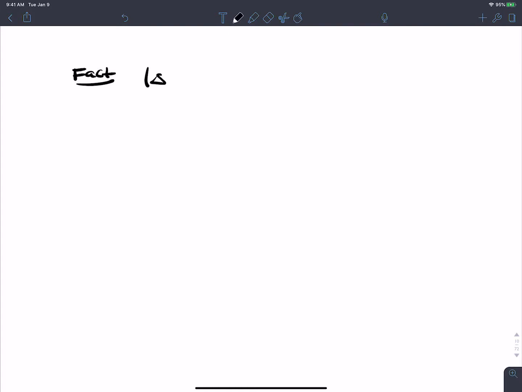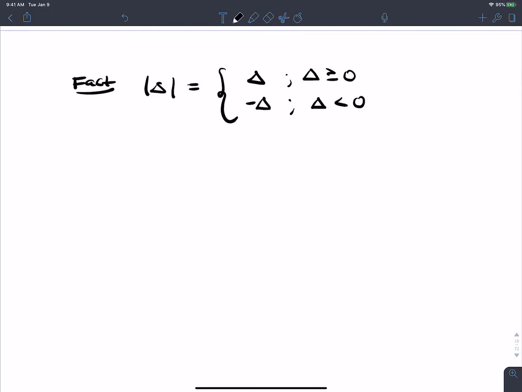The absolute value of any function is defined to be that function when the function is greater than or equal to 0, or its opposite when that function is less than 0. So we're going to use the piecewise definition of absolute value here, and we're going to see a few of these. So always remember, piecewise is going to be a pretty important thing.